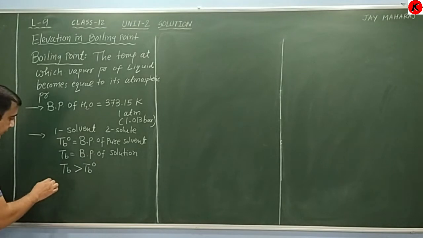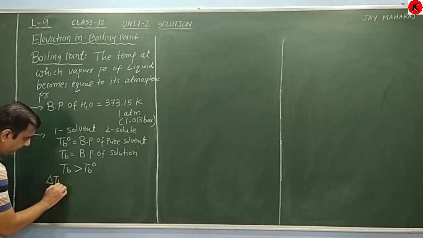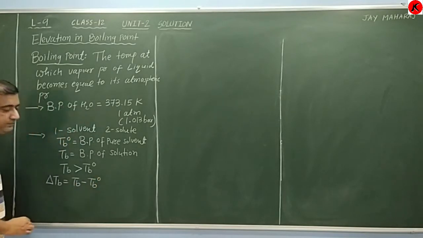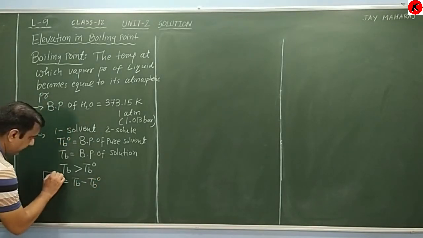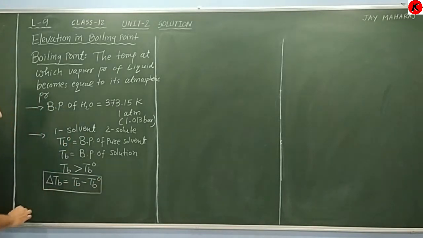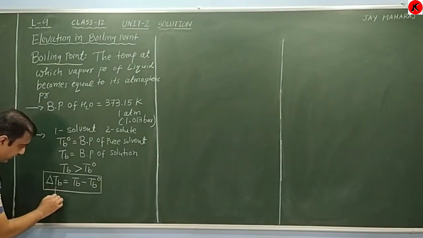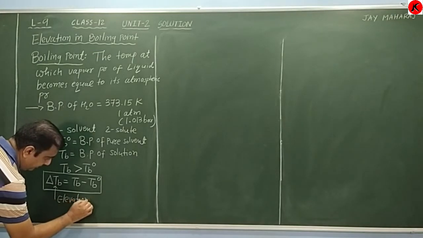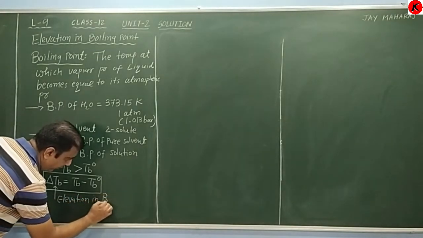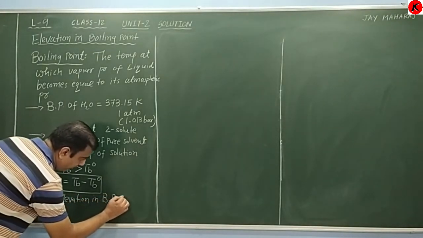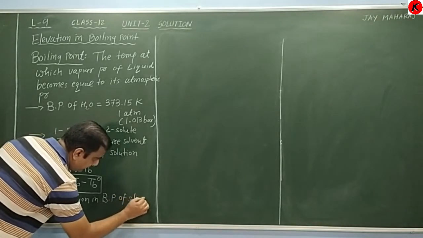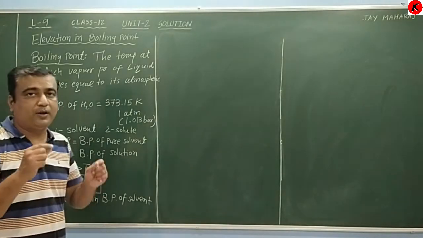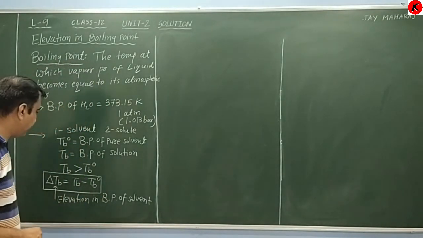And this difference, delta TB equal to TB minus TB0, is known as the elevation in boiling point of the solvent. That means after addition of a non-volatile solute, the boiling point of the solution increases.